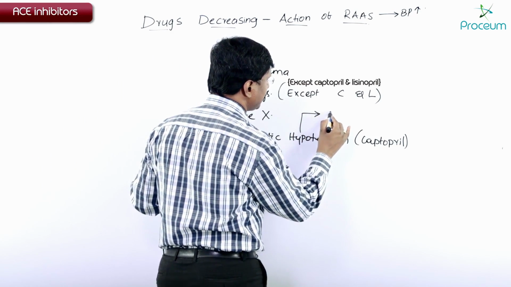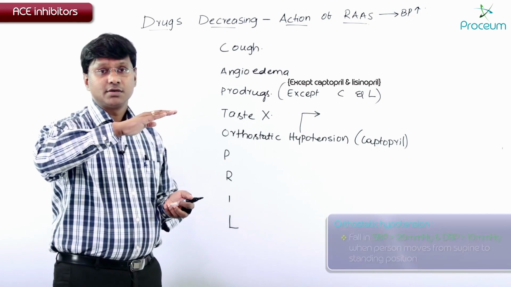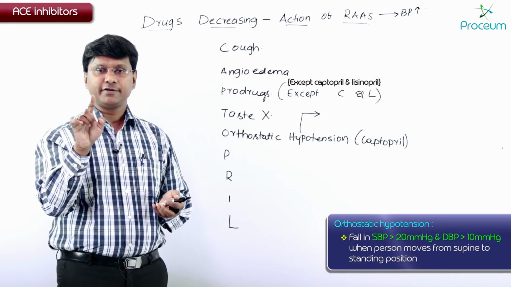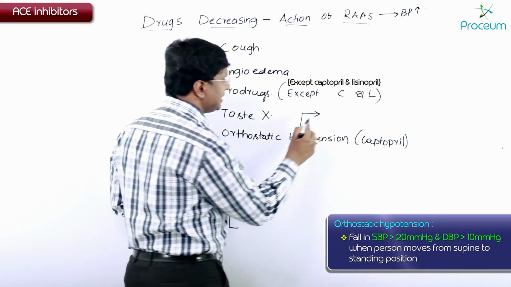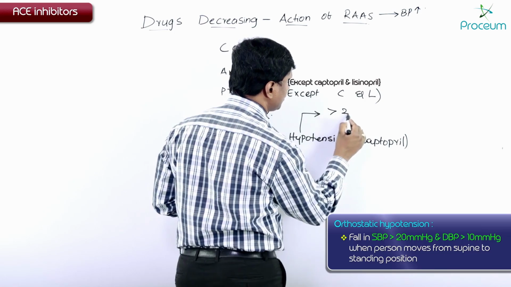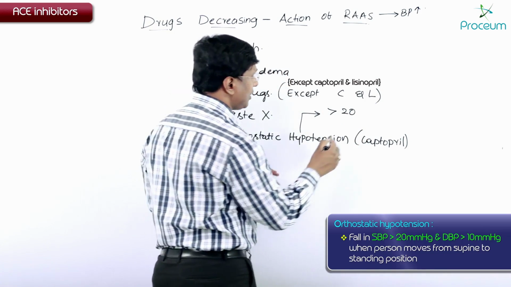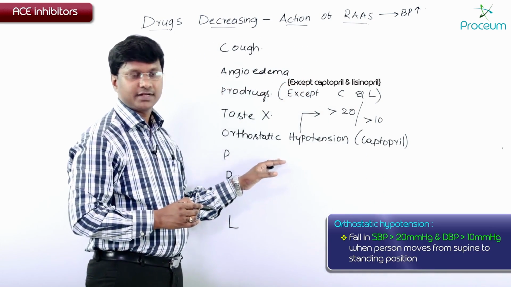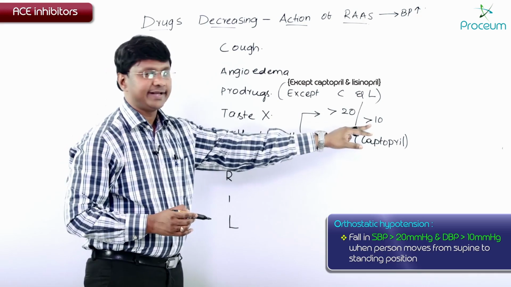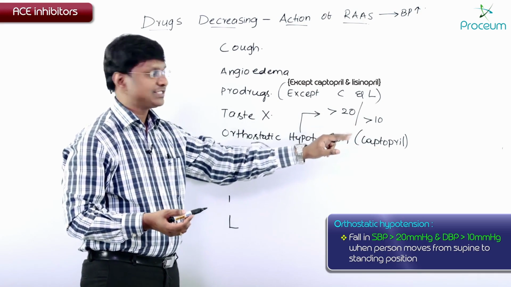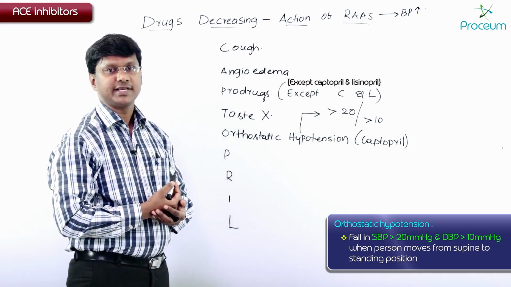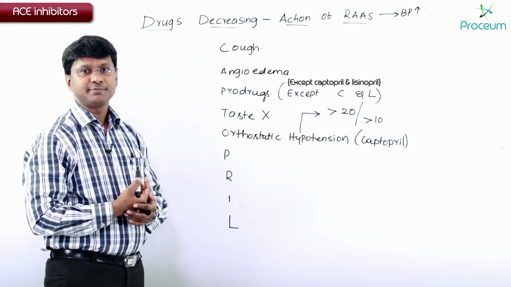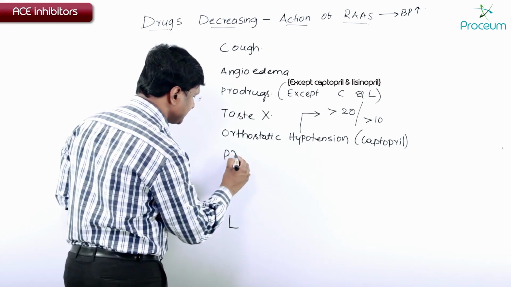Whenever the individual moves from the supine position to the standing position, after 1 minute if you check the blood pressure, if the systolic blood pressure falls more than 20 millimeters of mercury, or if the diastolic blood pressure falls more than 10 millimeters of mercury, that is suggestive of orthostatic hypotension.